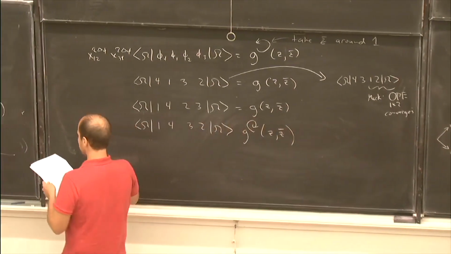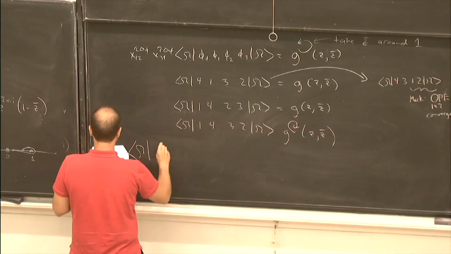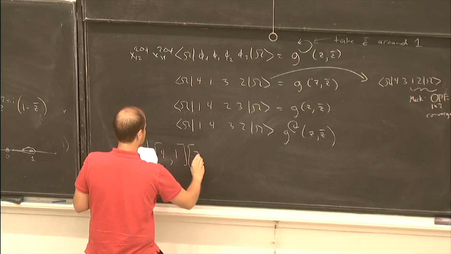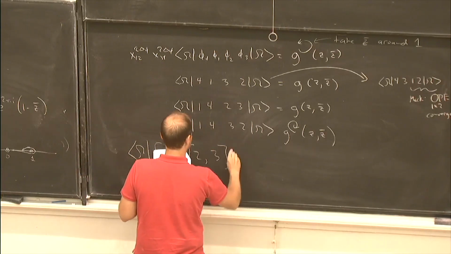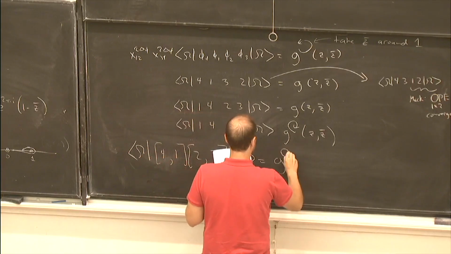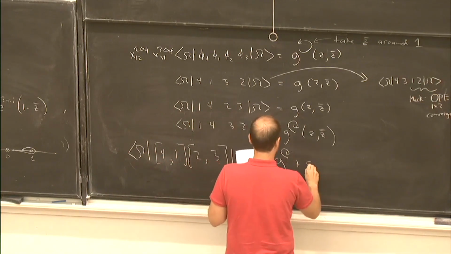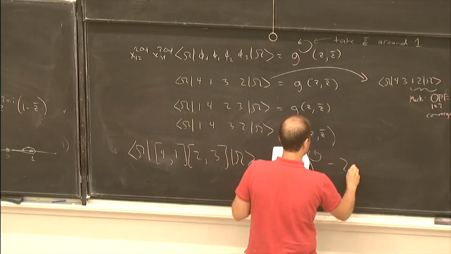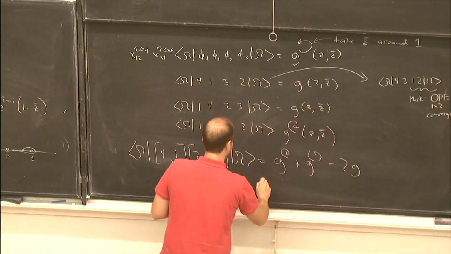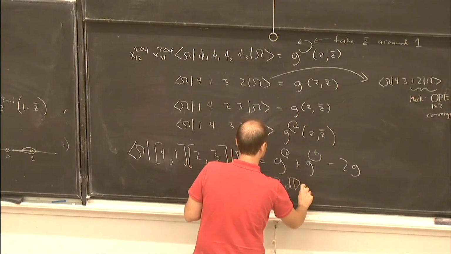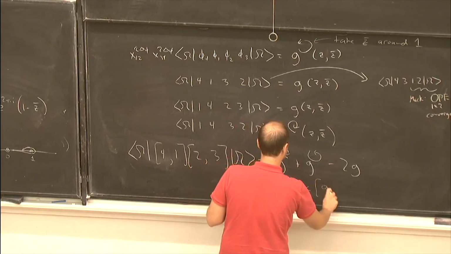So the final result is that the double commutator that we're interested in is equal to this combination of continuations. And this is sometimes called the double discontinuity, or more precisely, 2 times the double discontinuity of G.